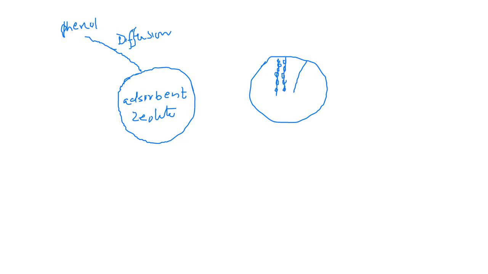So one pore is filled. In physical adsorption, another layer comes on this. It can have more layers. But in chemical adsorption, only one layer is possible. So this is one layer. See, on the surface, only one layer.